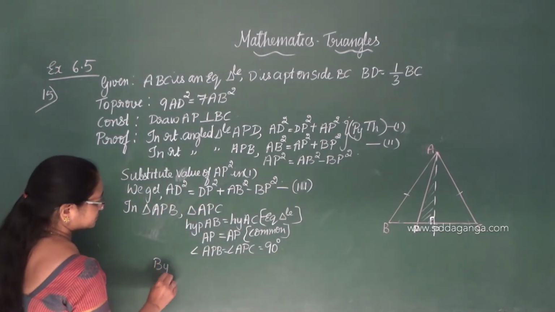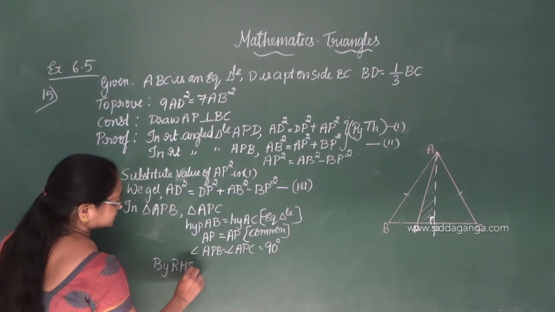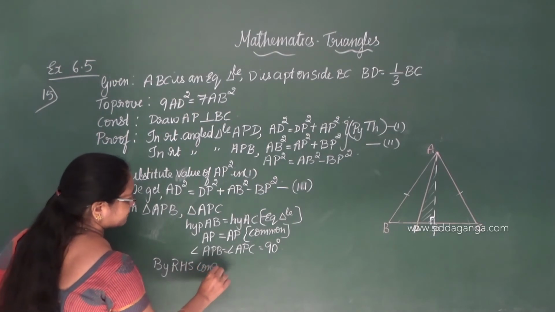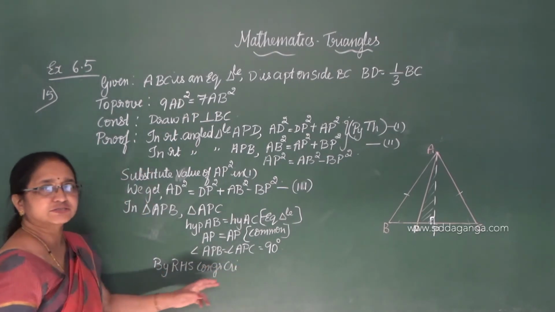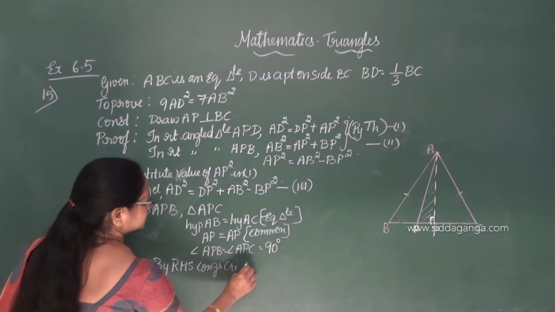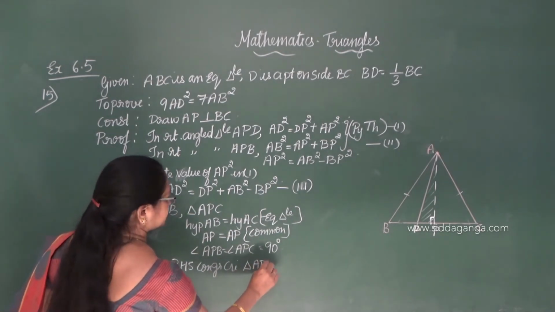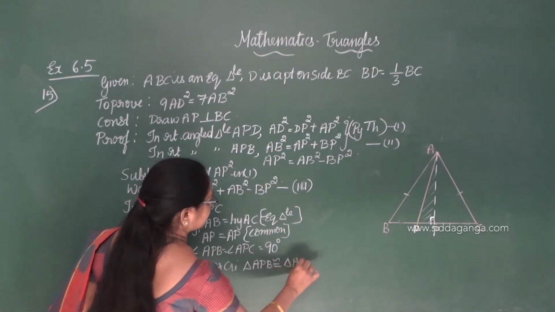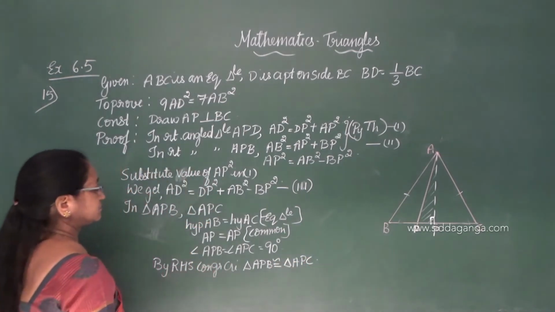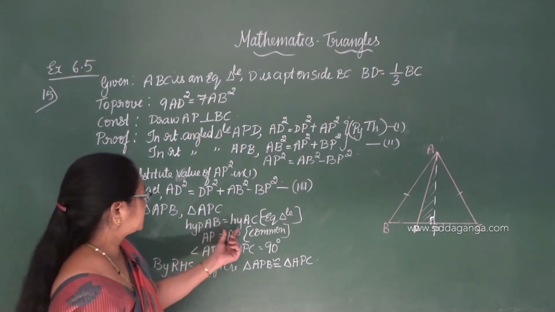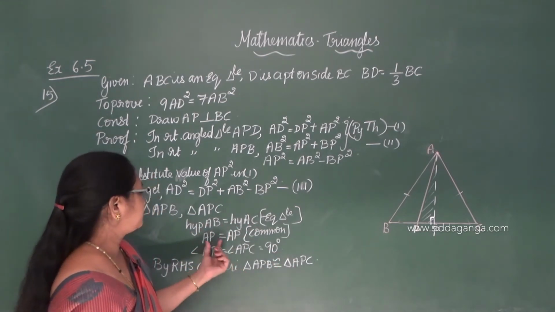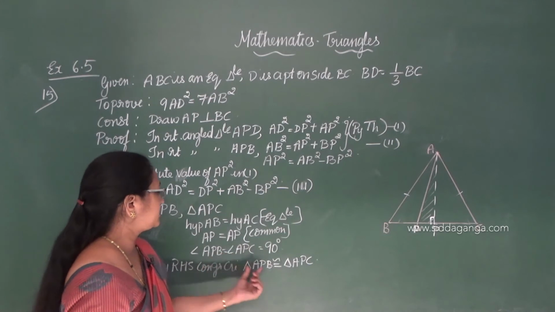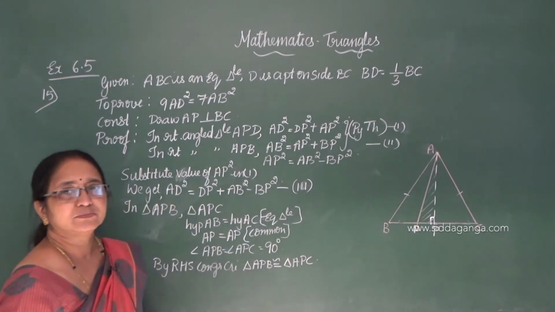So by RHS congruency criteria, triangle APB is congruent to triangle APC.